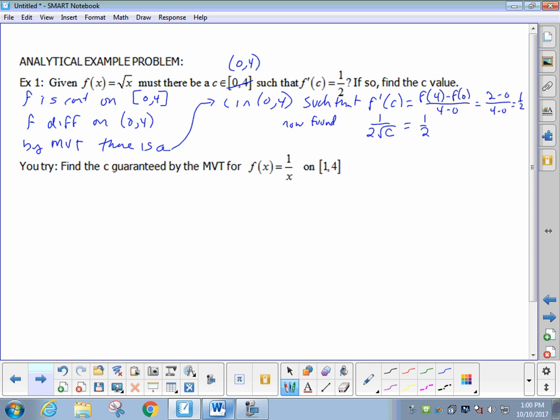Set it equal to 1/2, and I solve. What c would make that true? C of 1. Is that in the interval 0 to 4? Yeah. Visually, we found that the average rate of change is here, and the place where the instantaneous rate of change is the same. My picture is not to scale.